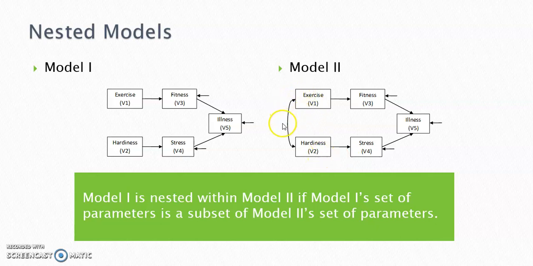However, Model 2 has this correlation between exercise and hardness, which is not part of Model 1. So in this case, Model 1 is considered as nested within Model 2.